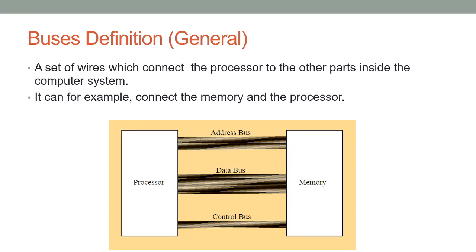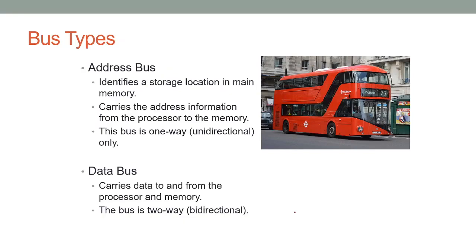So the address bus will carry the number over to go find the location you're looking for. It is one way, which is referred to, and you need to know this word, as unidirectional.